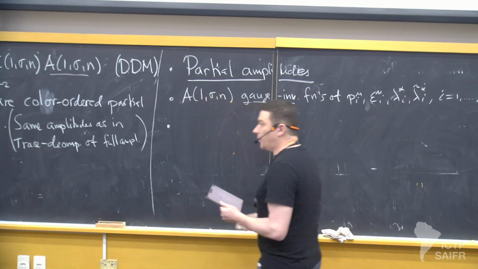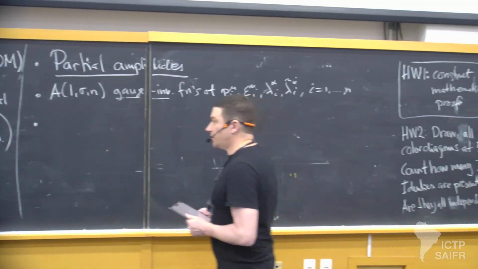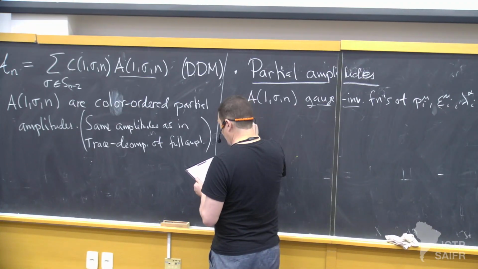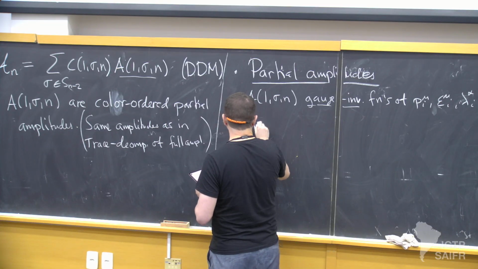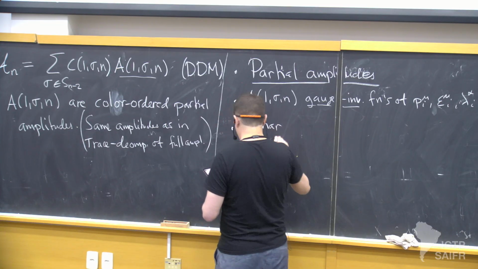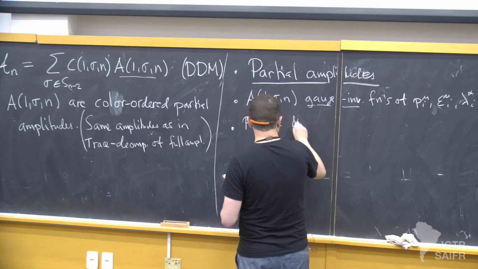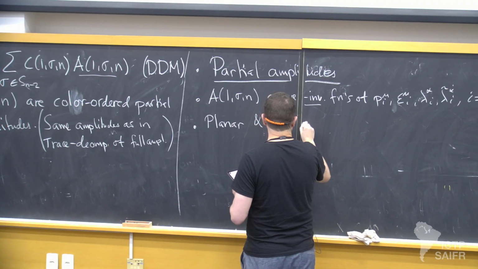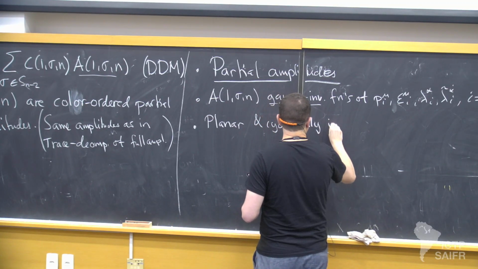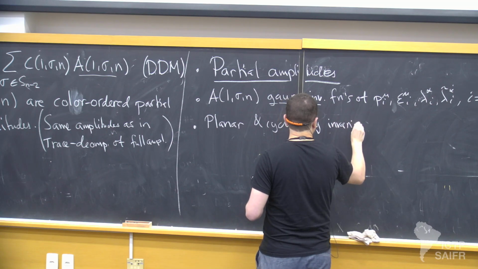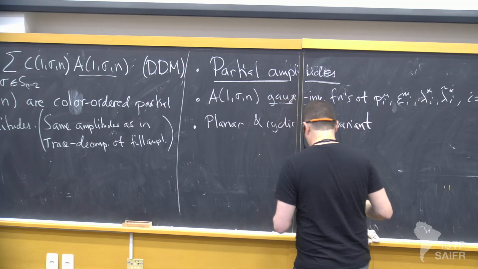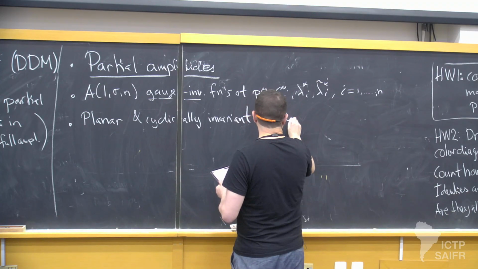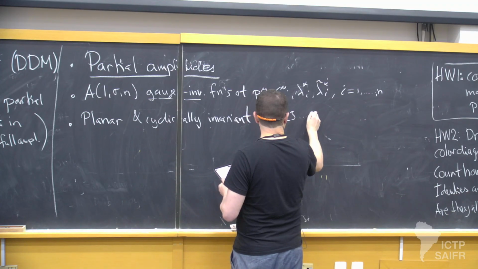What's not so obvious here, but is obvious maybe in the usual trace decomposition, is that these amplitudes are actually planar amplitudes. They're planar and they're cyclically invariant. That means that I can do a cyclic permutation, 1, 2, 3, ..., n.